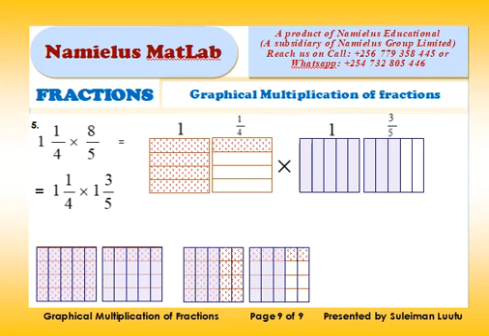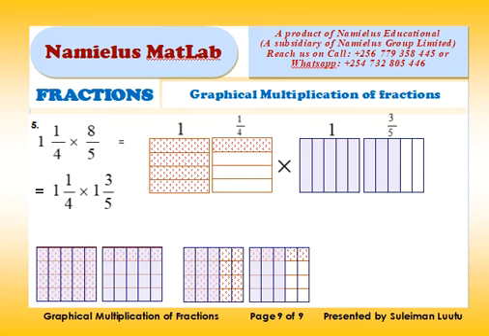So that means each of these graphs has multiplied each of these graphs in the first fraction. Now we are going to start the counting of all what has been shaded twice, the double shading.